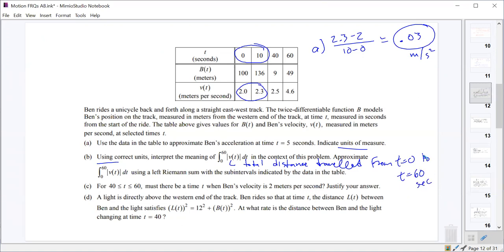seconds. So all he rode his unicycle for was 60 seconds. Not very impressive. I could most certainly ride a unicycle for more than 60 seconds. There's no doubt about it. I don't own a unicycle. If somebody brings me a unicycle, then I could ride it for more than 60 seconds.